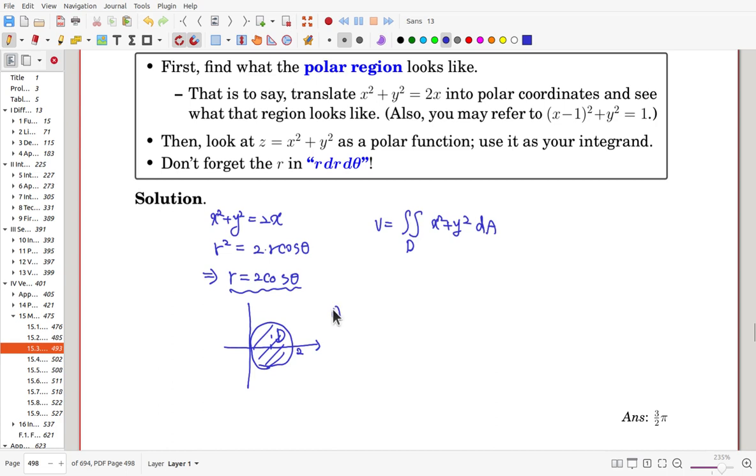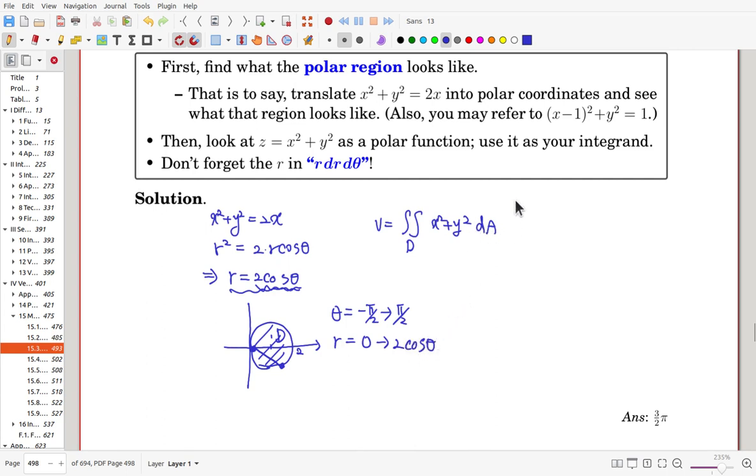Angle theta is from minus pi over 2 to pi over 2, and r for each theta starts from 0, and we can access this region radially from 0 to this point, which is the same as that one, so that is from 0 to 2 cosine theta.